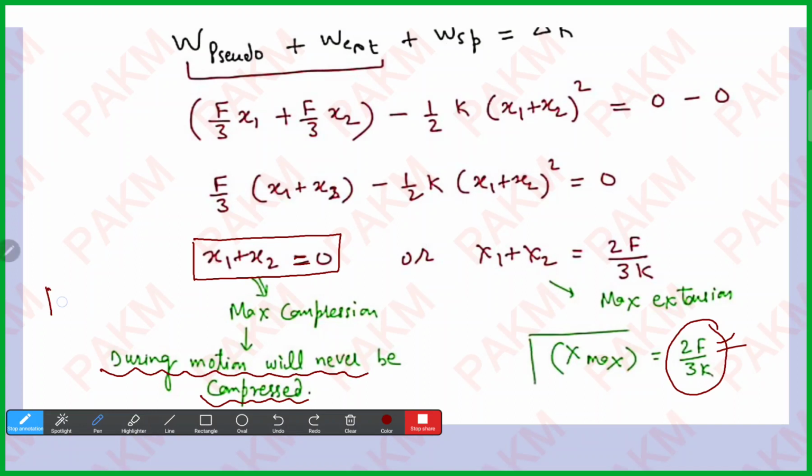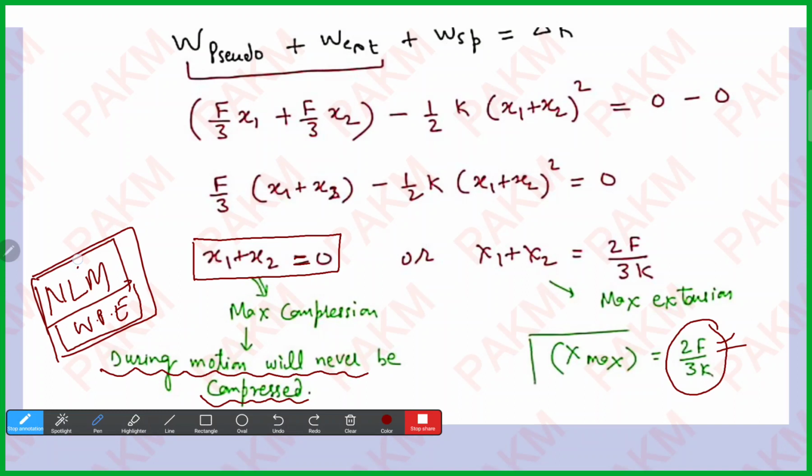Always remember only NLM and work, power, energy. These two chapters' concepts will bring you at least 10 marks in advance. So please do practice. I will keep posting different problems like that. Keep watching, and the future belongs to you if you manage your rank in advance. Till then, take care. Have a nice time.